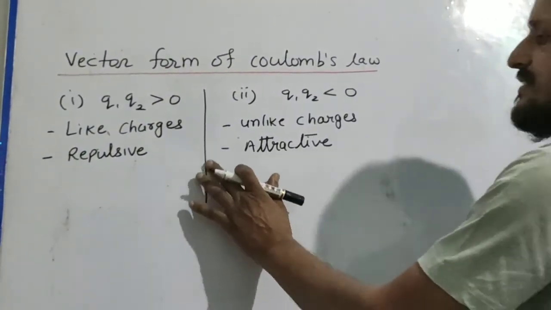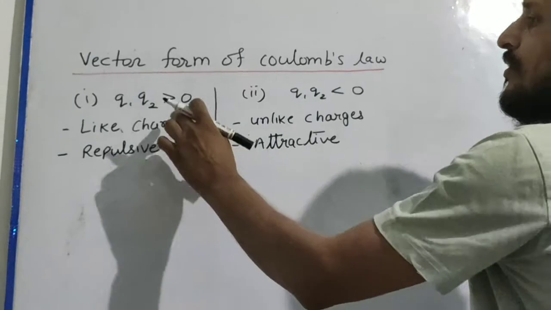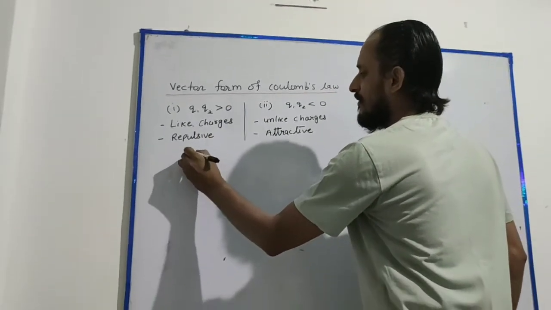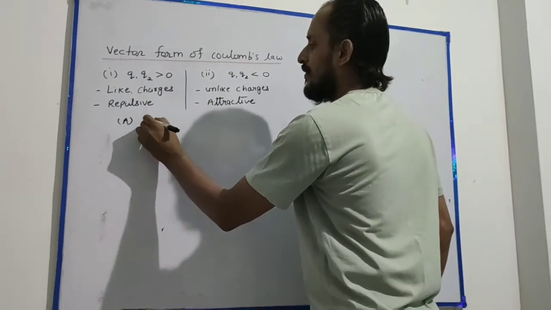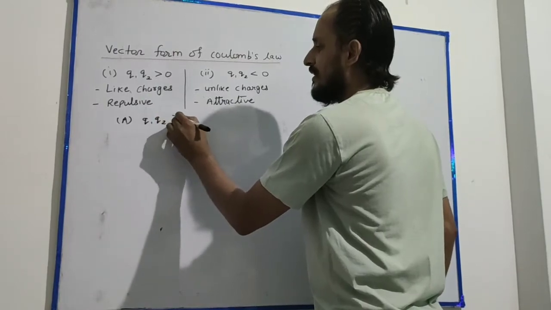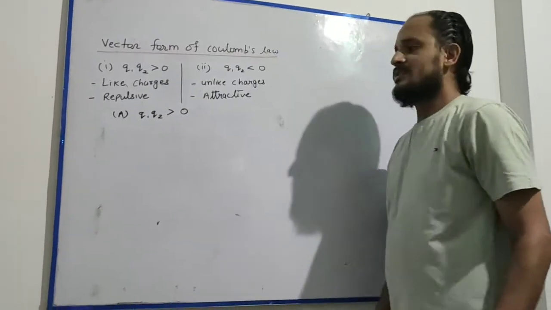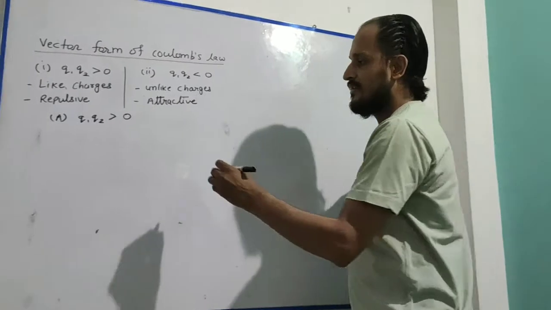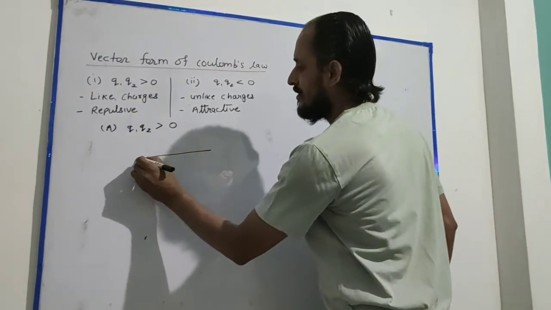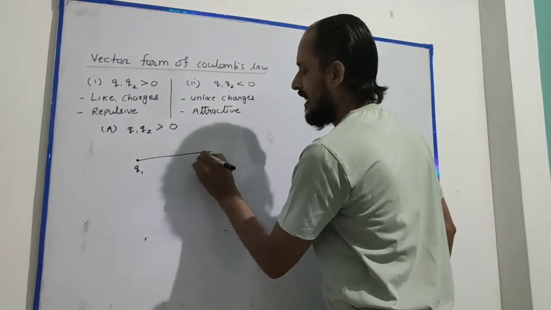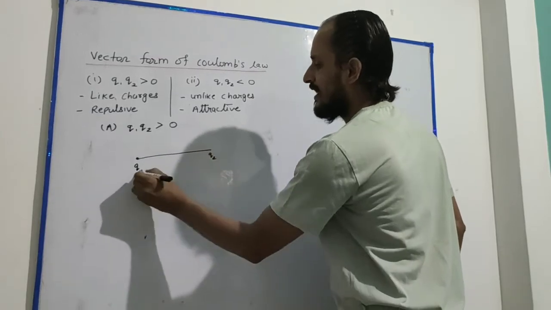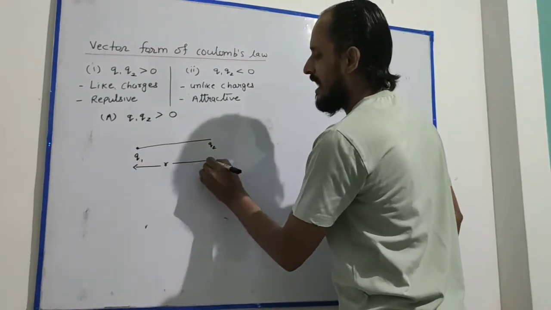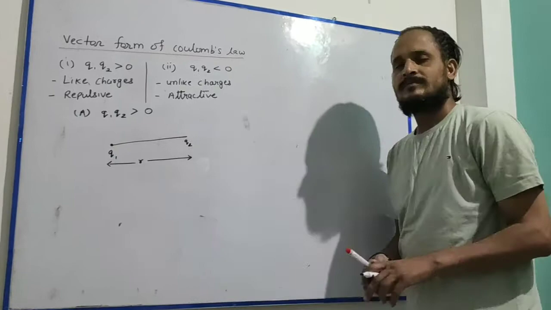Suppose we want to discuss vector form of Coulomb's law in case if Q1 Q2 is greater than 0, then just assume that the two charges Q1 and Q2 are kept at r distance apart.